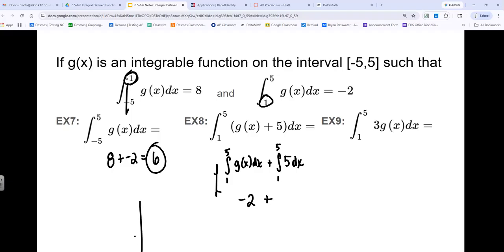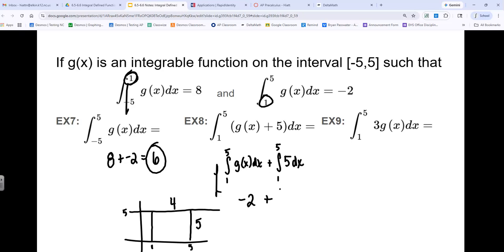Remember, it helps me so much to think about what the graph looks like for that. We just have a 5 here. That's a horizontal line at y equals 5. We want the area underneath that curve from 1 over to 5. What's the height of that rectangle? That would be 5 because you got y equals 5 here, right? What's the width of that rectangle? 4, because we're going from 1 to 5, right?